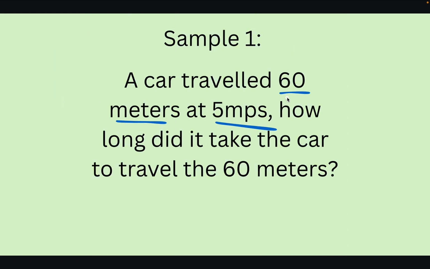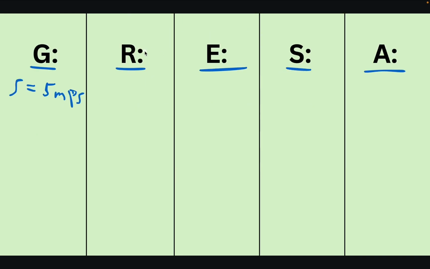Because of this, we write both of those down. First, we write its speed. Its speed is 5 mph. And then we write its distance, the thing that's given by the problem. So the problem also gives us distance, which is 60 m.